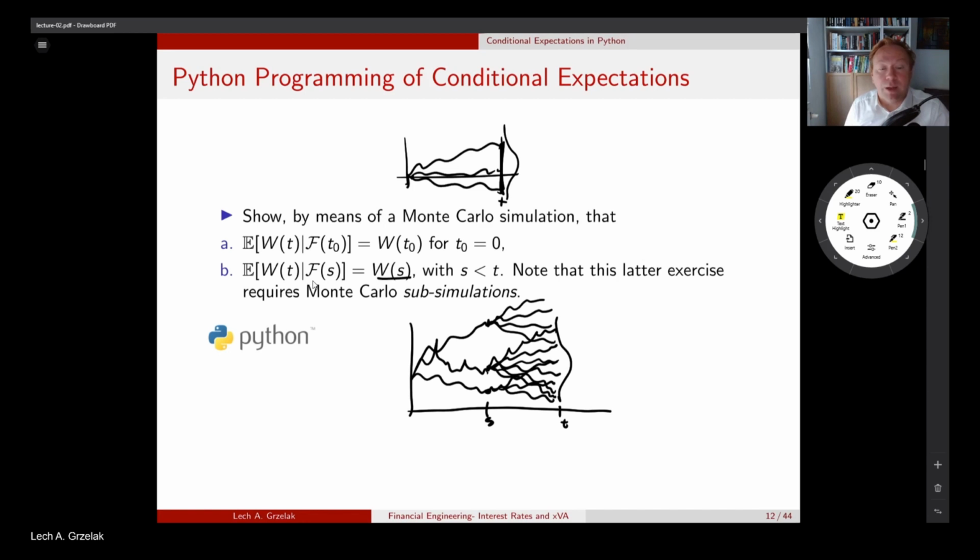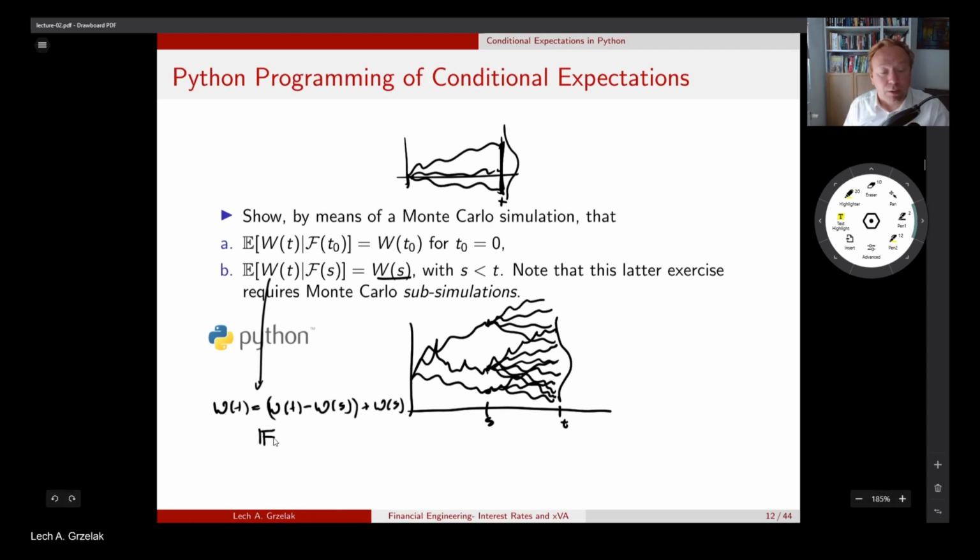Maybe you can ask why this property holds. I hope that you already know this. It is related to the fact that we can always write Brownian motion at time t as W_t minus W_s plus W_s, where we add and subtract W_s, which is equivalent because this will just cancel this.